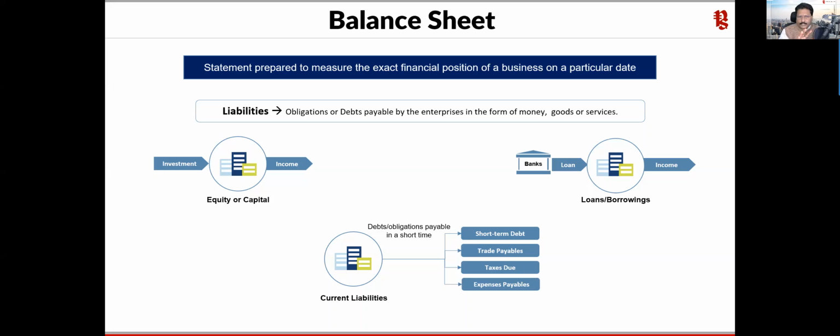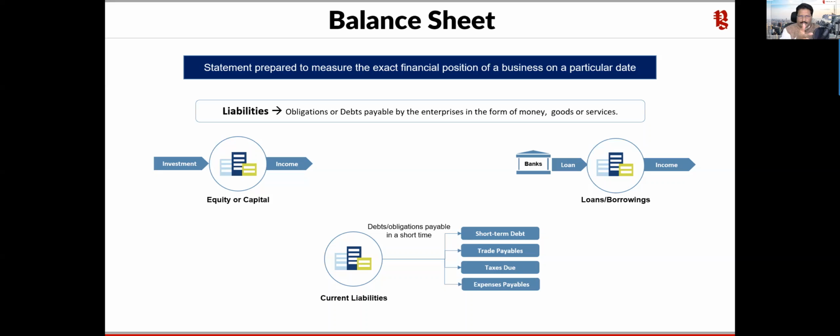Now, if you see, our liabilities are broken down into three clusters. The first one is equity and capital. The second talks about loans and borrowings. And the third basket is your current liability. By looking at this, you would have got a fair idea of how your liabilities are represented.